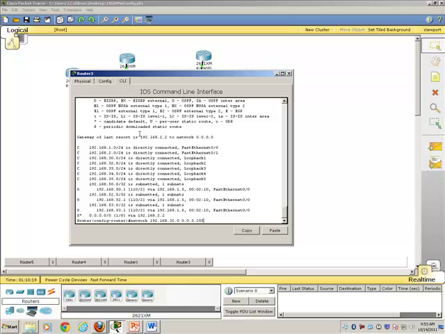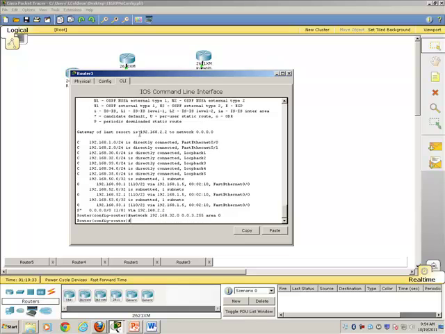Is that right? Because that subnet mask is 255.255.252.0, isn't it? Area 0. Let's see if it tells me I'm crazy, and I'm not. It doesn't.